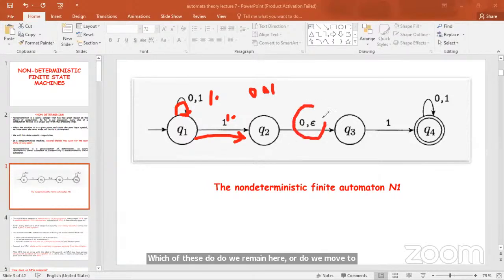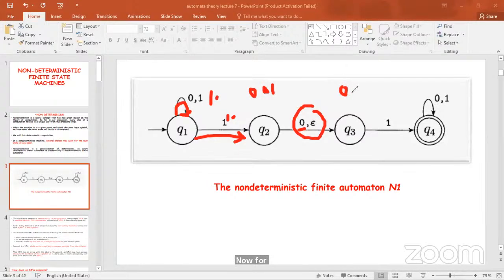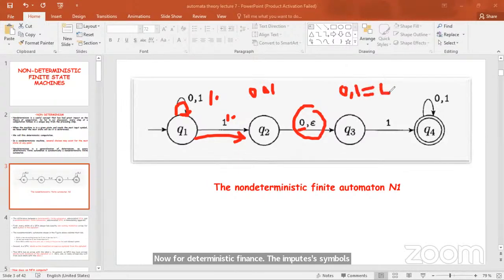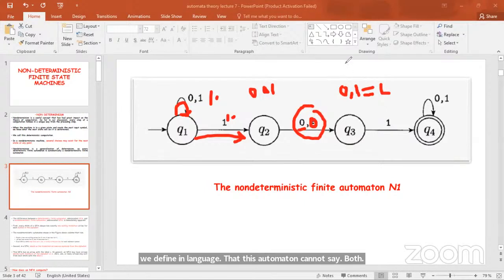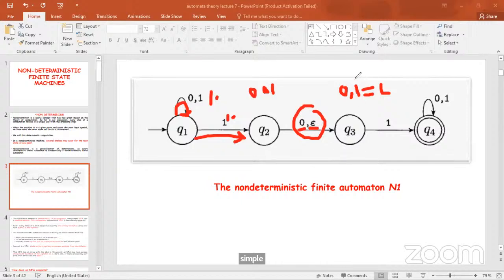Now, if you look at state Q2, you receive a 0, and you move to Q3. For a deterministic finite state automaton, it is said that the input symbols should be what we define the language that this automaton can accept. But here we are seeing another symbol being introduced, which is not part of 0 and 1, right?